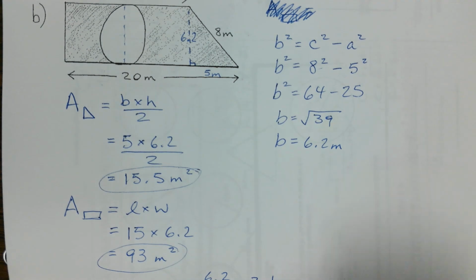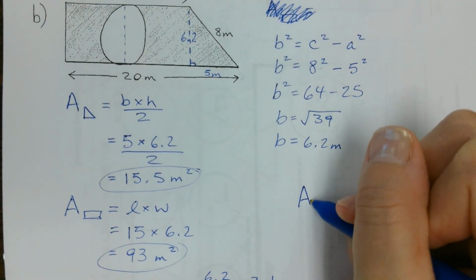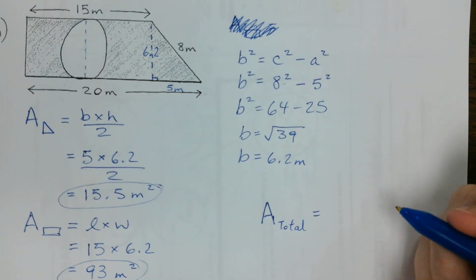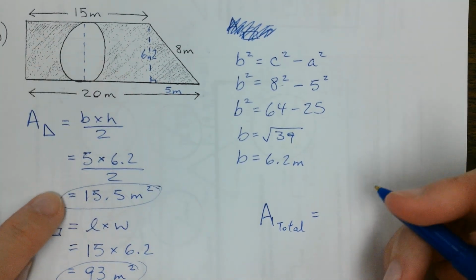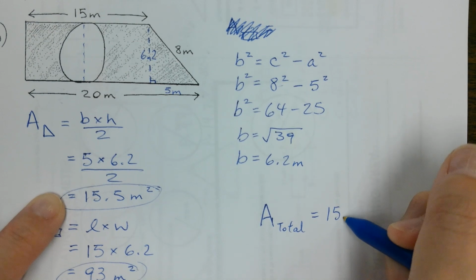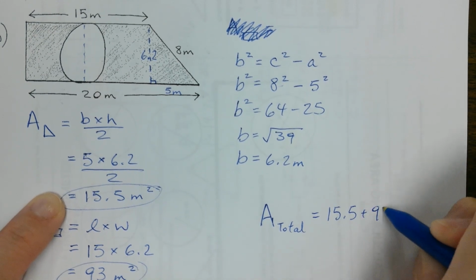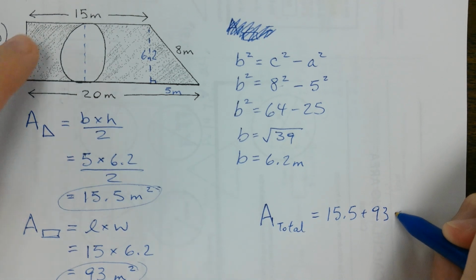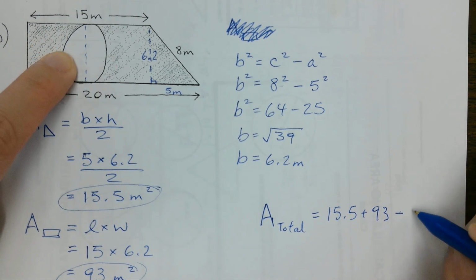So I have the area of the triangle, the area of the rectangle, and the area of the circle. So for the total area of just the shaded part, I'm going to add 15.5 plus 93, and then what am I going to do with the area of the circle? Subtract it, right?